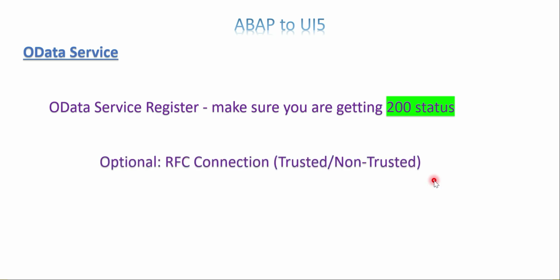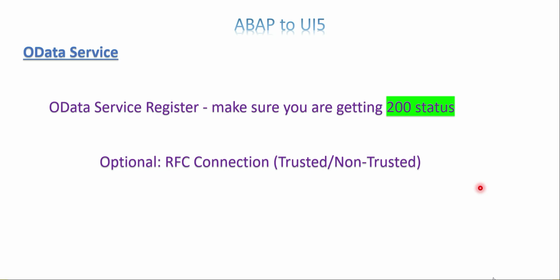And this is optional. Normally, if you are in a rental system, you don't need to worry about it. I have explained what is trusted RFC and what is non-trusted RFC. If you are in your client system with an independent gateway server, make sure which connection you are using.